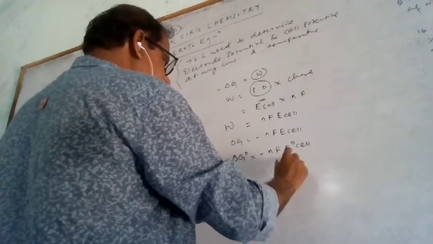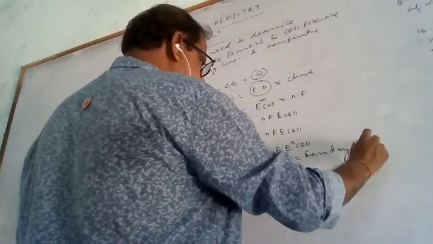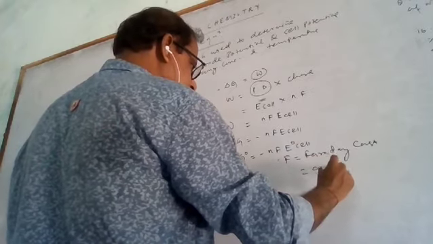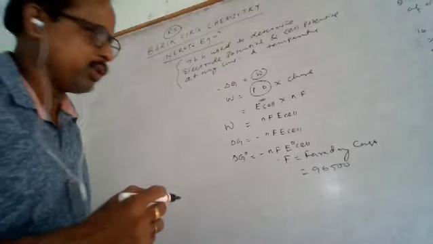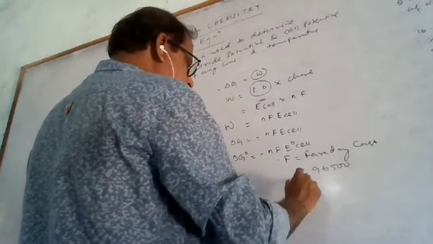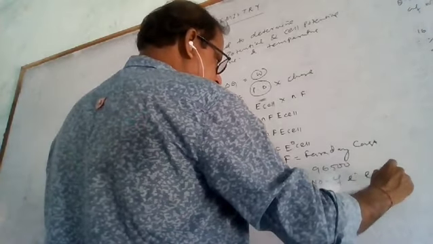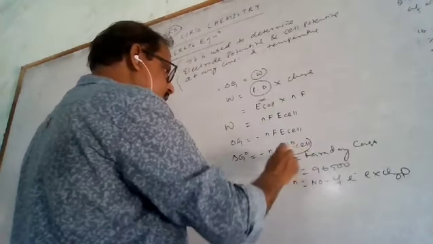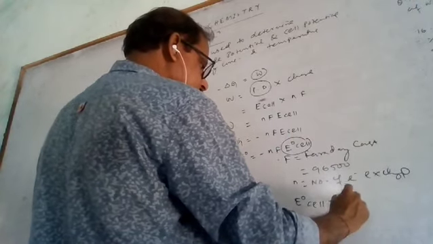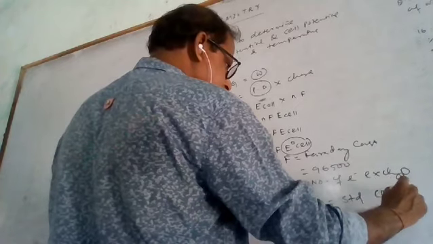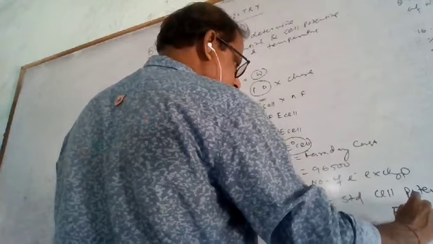Here F is the Faraday constant, that value is 96500, which we can take as 96500. And n is the number of electrons exchanged here. And E naught cell is the standard cell potential or standard EMF.